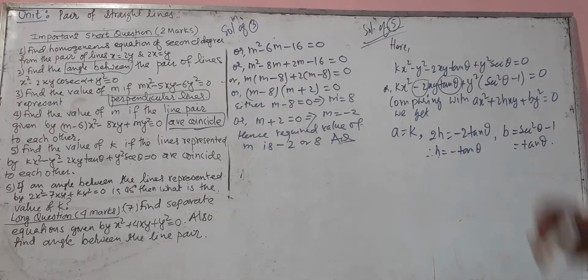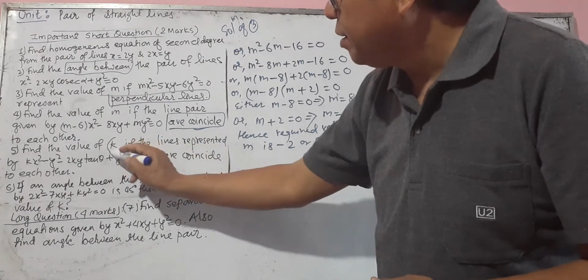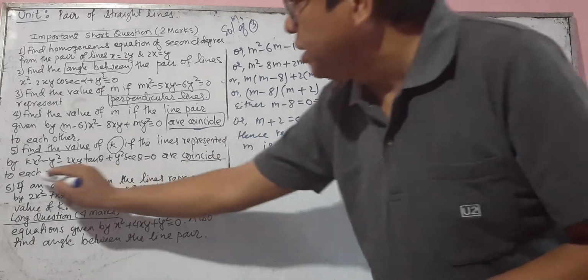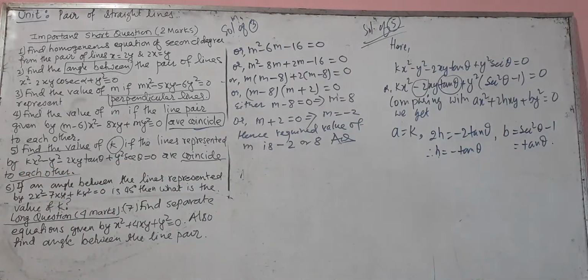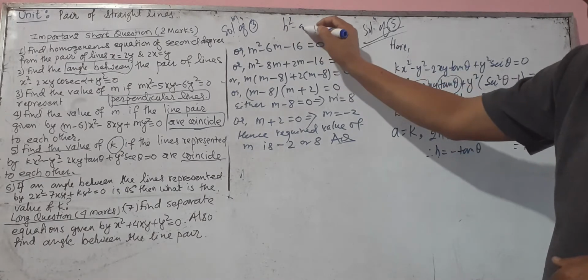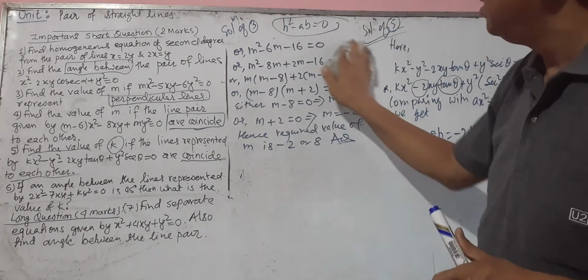Now let us see the question again. We have to find the value of k if the lines coincide with each other. So what is the condition of coincidence? That is h square minus ab equal to 0. This is the condition of coincidence.